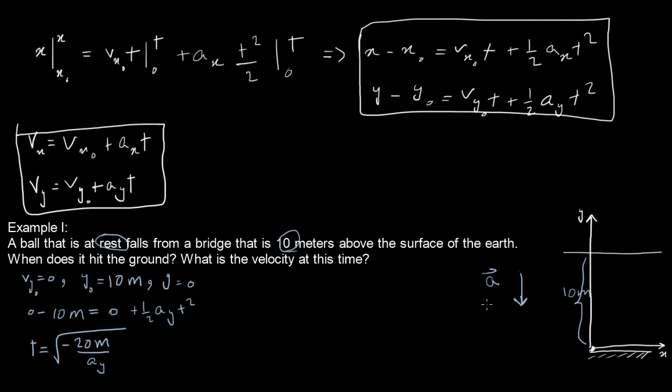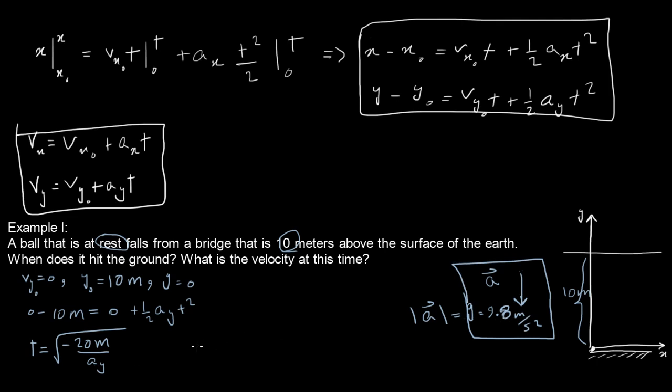Its magnitude is 9.8, and since it is quite important, it is given a special symbol g, equal 9.8 meters per second square. This is basically the magnitude of this acceleration. So you also need to memorize this, both the direction and the magnitude.